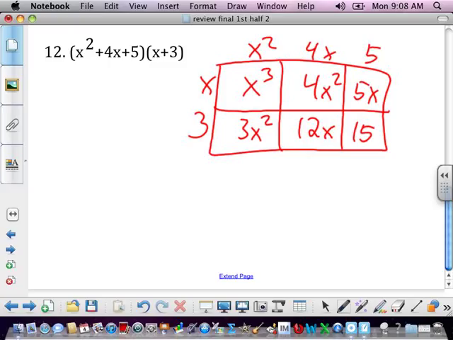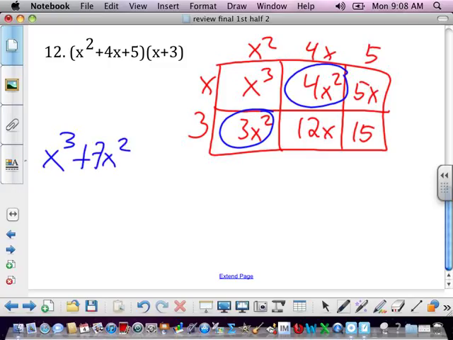Okay. Now, like terms, is there anything that has an x to the third? Nothing that has an x to the third power except x to the third. All right. Let's look at squares. Is there anything that's squared? We've got 4x squared and what else? So we add them together, we get? Okay.